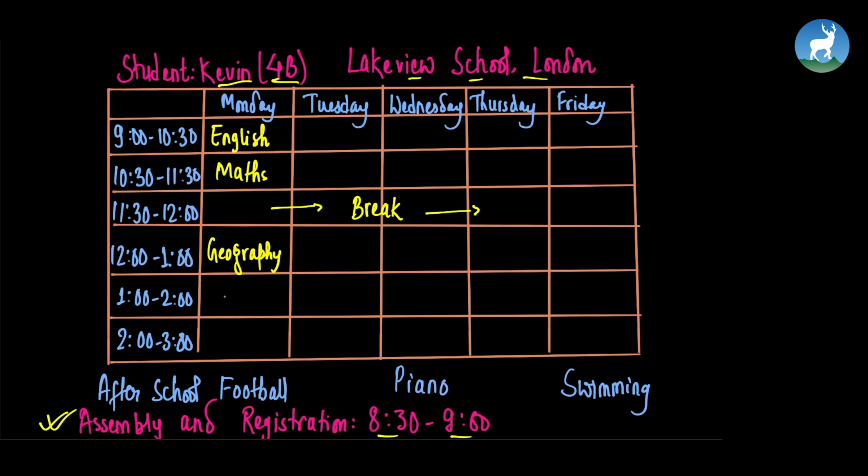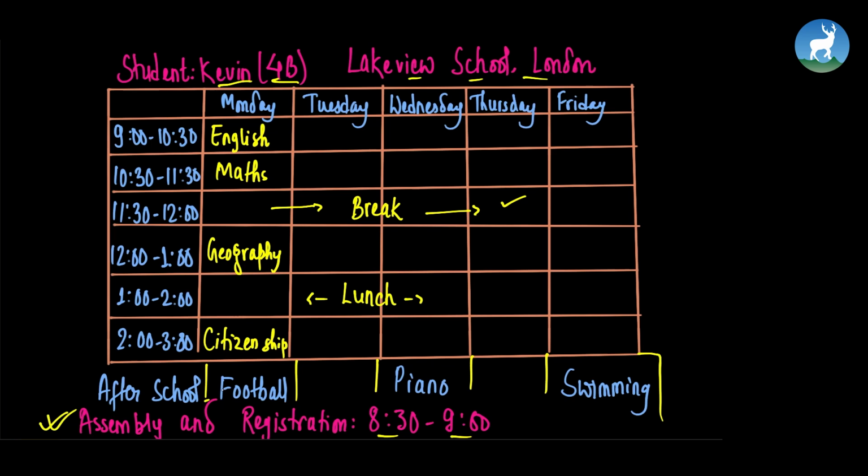Next, they again have a break during their timings of 1 to 2. So here they had a half an hour break. Here they have a lunch break for 1 hour itself. Now the last period they read is citizenship. They also have some special classes after school, 3 times a week.